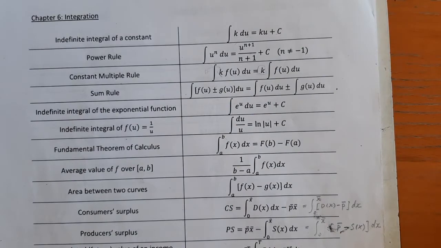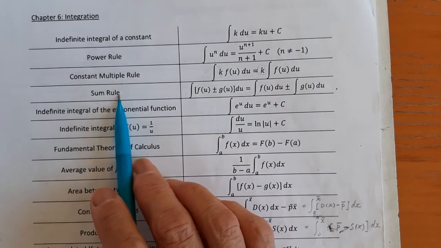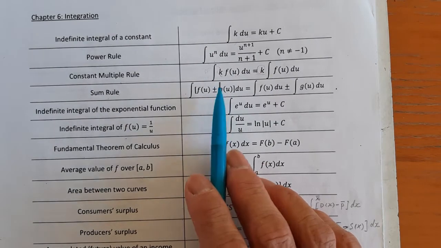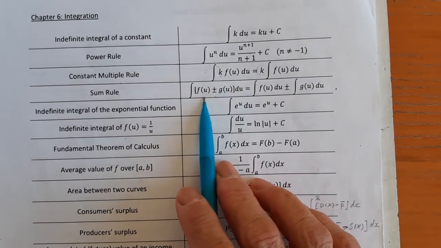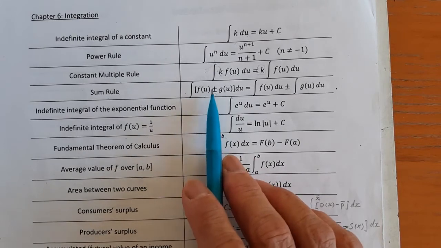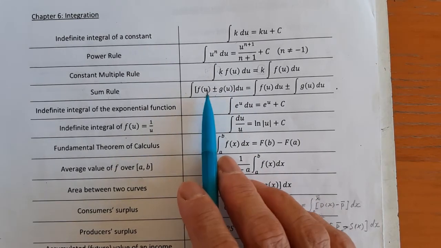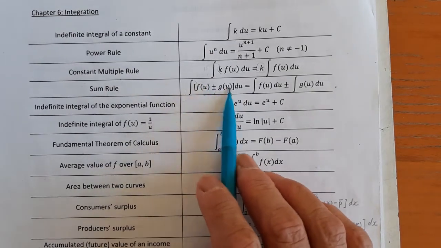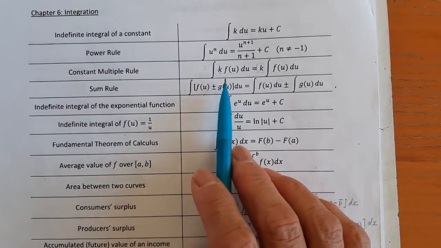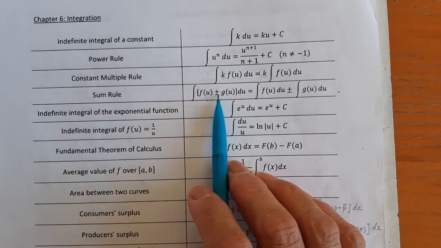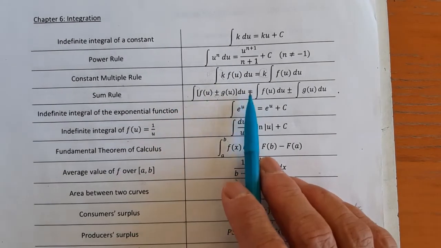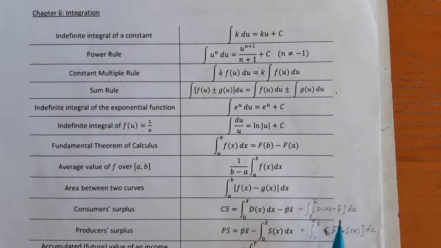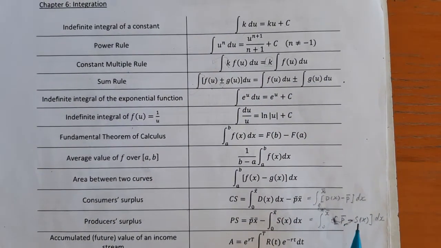And the integral has a sum and difference rule. Derivative also has a sum and difference rule: f prime plus g prime. The integral also has a sum rule. When two functions are added or subtracted and then integrated, it equals each function integrated and then added together, the sum or difference formula.